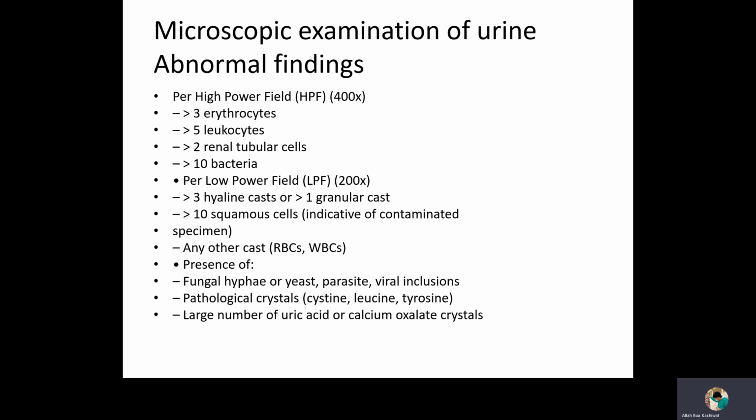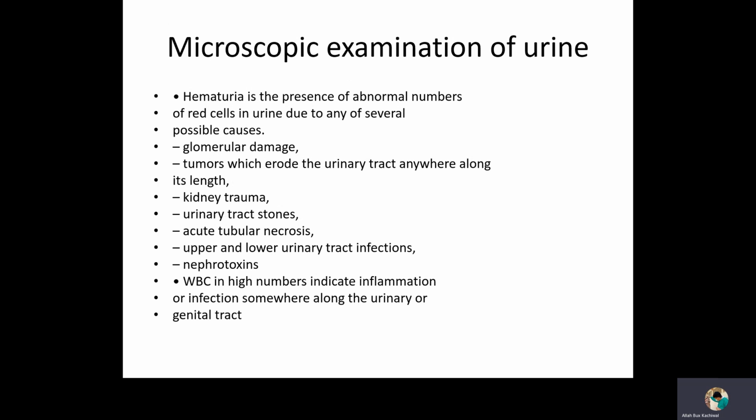Pathological crystals like cystine, leucine, tyrosine, and a large number of uric acid and calcium oxalate crystals can be observed under the microscope.